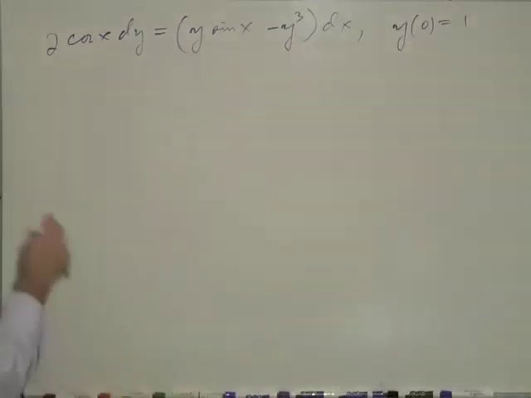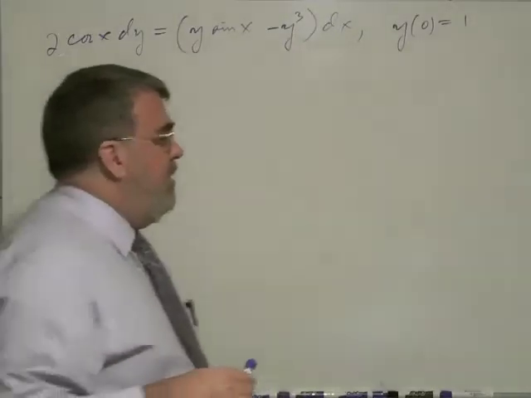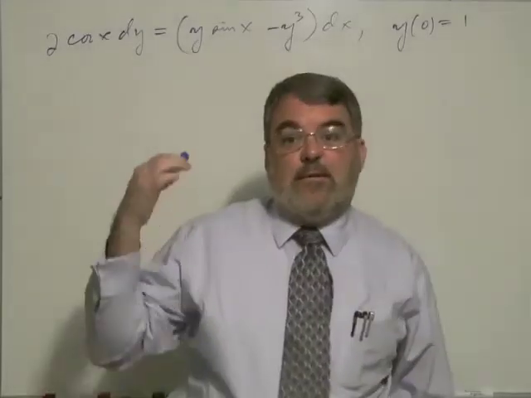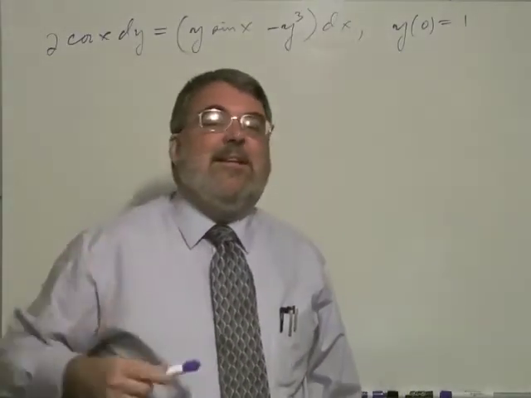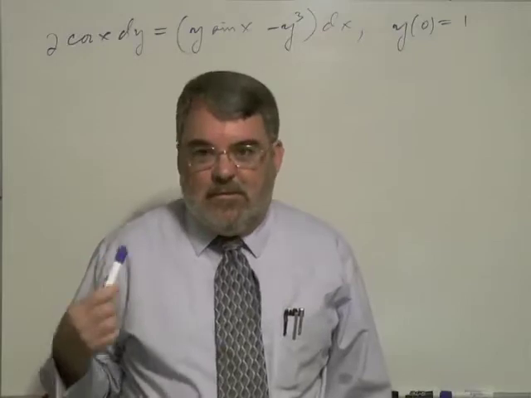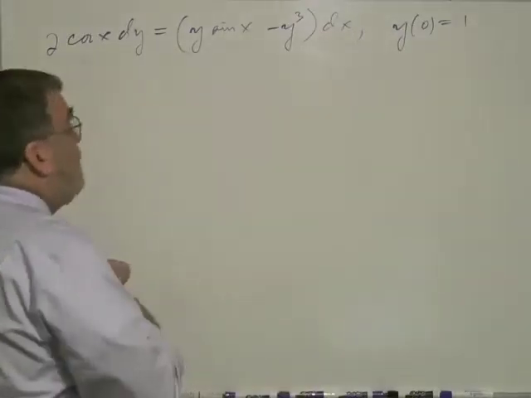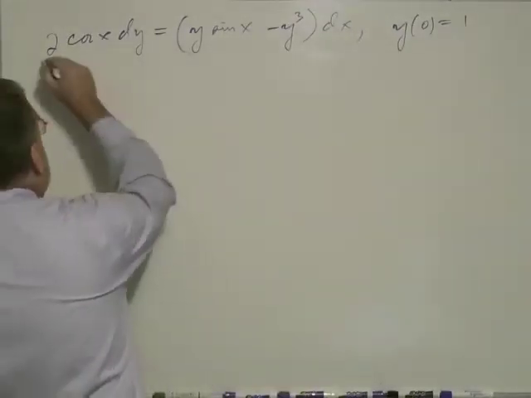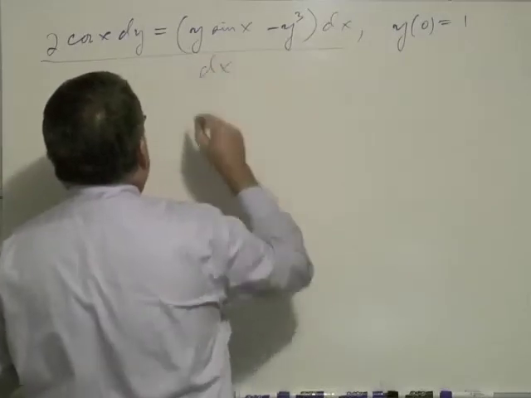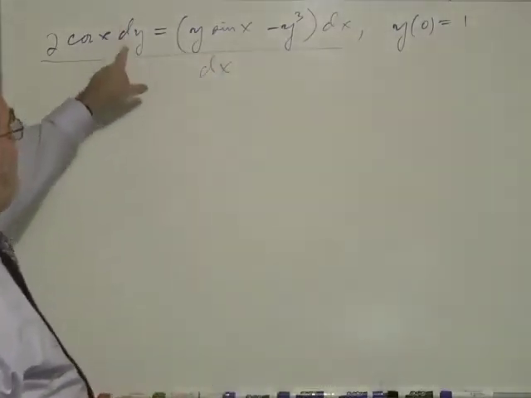1 of y. So I'm going to first of all take this from the differential form, which it is in, into the derivative form. And I'm going to choose to divide everything by dx. Now I could also do this by dividing everything by dy.